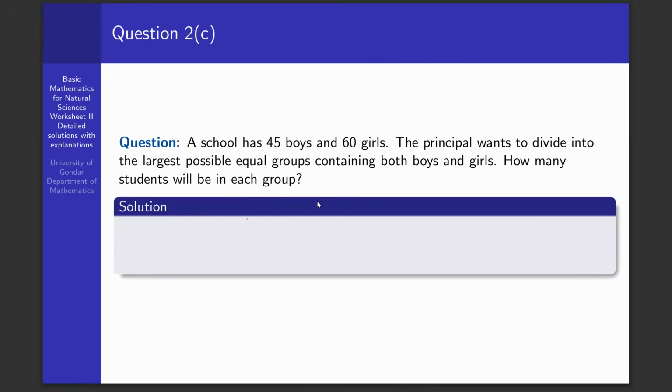So that is again the application of the greatest common factor. So that's the greatest common factor of the number of boys and the number of girls, that will be the maximum, or simply the largest possible equal groups containing boys and girls.